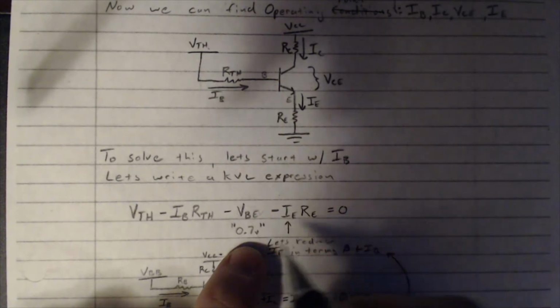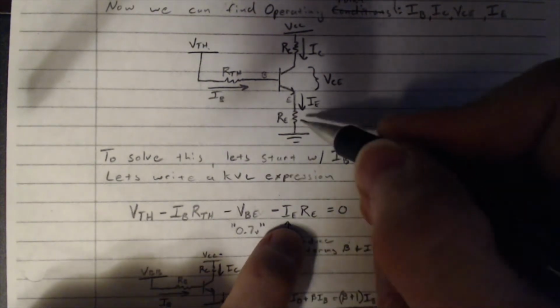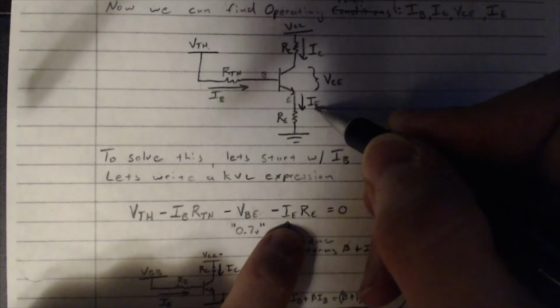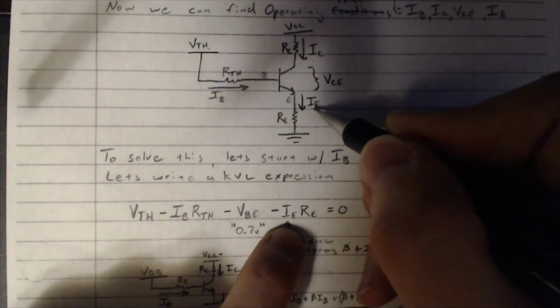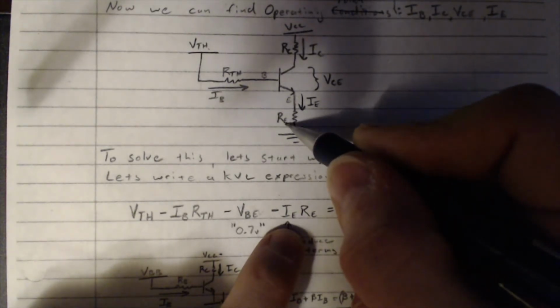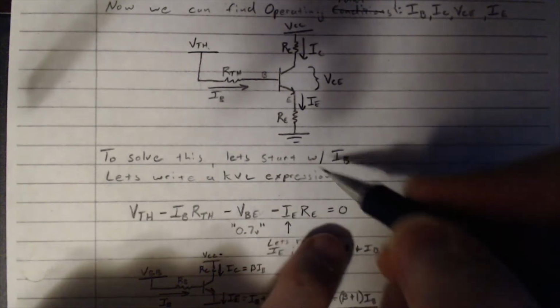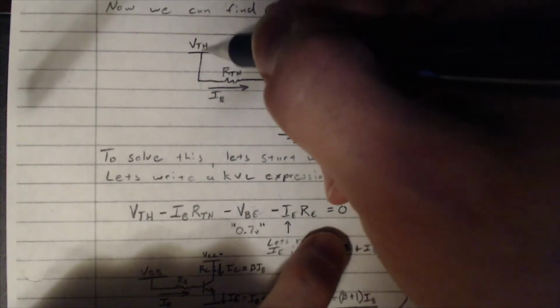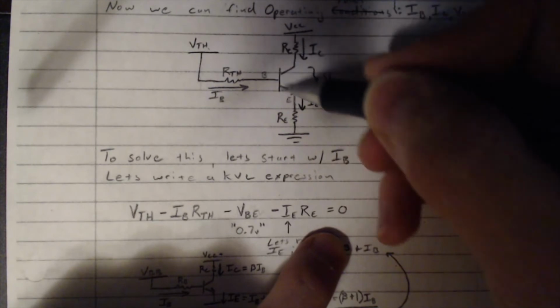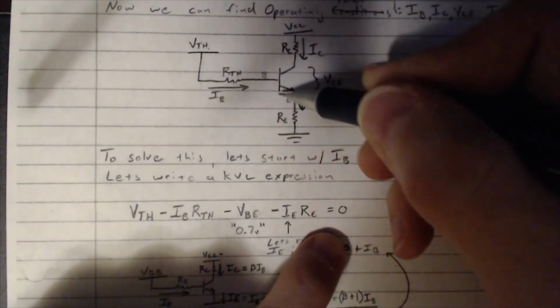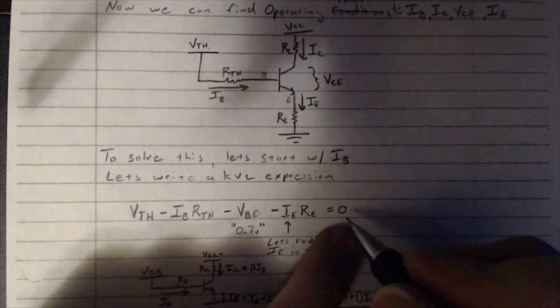Well, no problem. The voltage across RE is nothing more than the emitter current times the emitter resistance. And we're all the way back. This is one entire KVL loop. The sum of all voltage drops in any closed loop should be equal to 0, so this should be equal to 0.